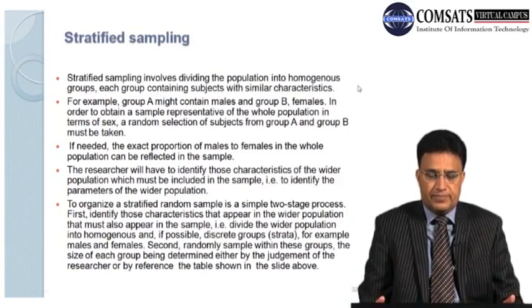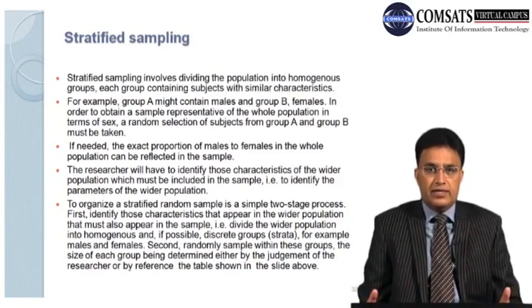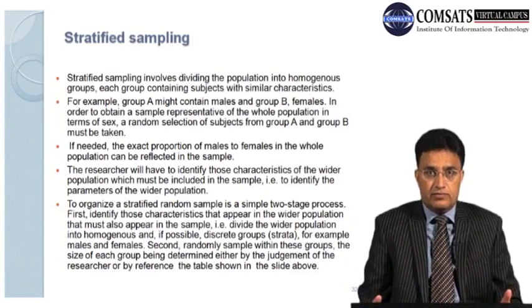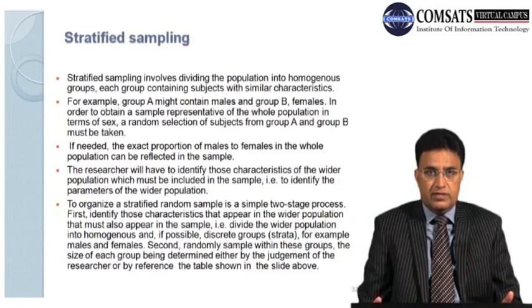Discrete means strata. For example, males and females. And at the second stage, randomly sample within these groups, the size of each group being determined either by the judgment of the researcher or by reference table, as I showed you in the previous slide.